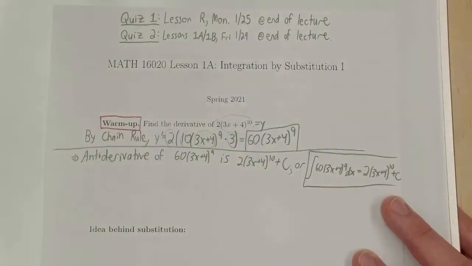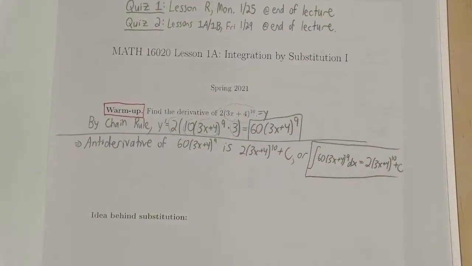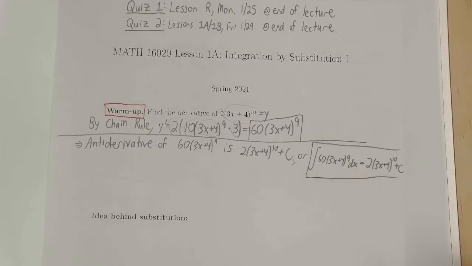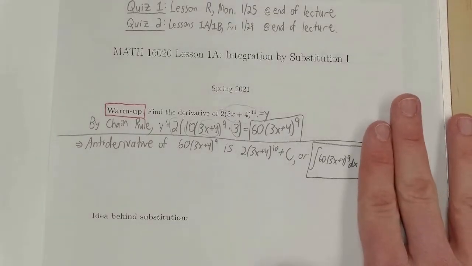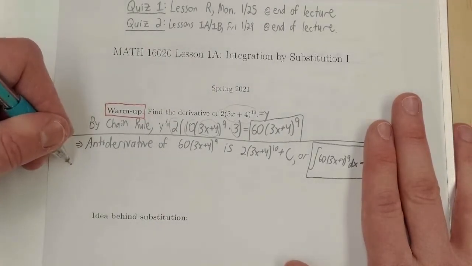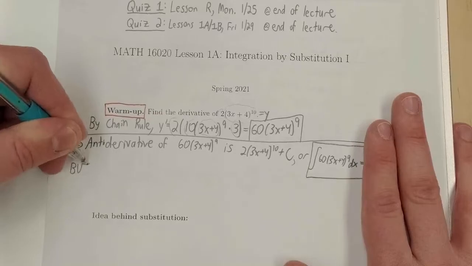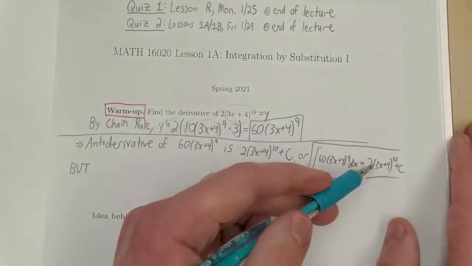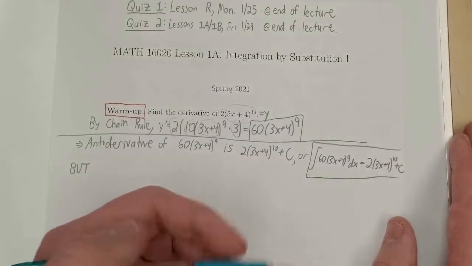Okay? So, that's all good and all. That gives us a pretty nice way to evaluate this integral. But let's say for the sake of the lesson that we did not have this original function to begin with, and we instead were just focusing solely on this. What that says is, how do we find this answer if we just start with this?